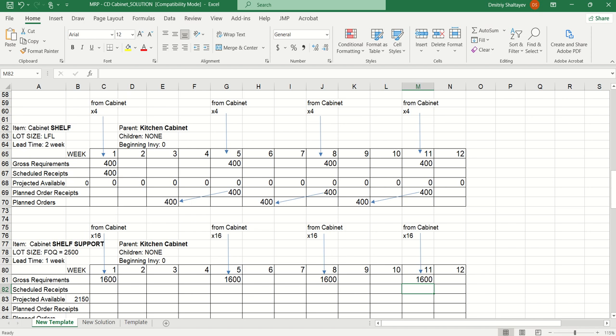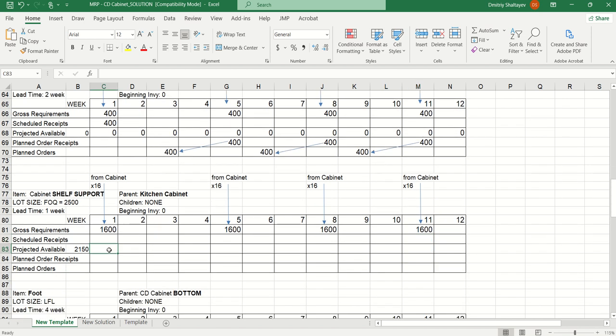All right, so I start week 1 with 2,150 shelf supports sitting on my shelf, right? In the big box, 2,150 units. So I'm going to use 1,600 of them, right? In order to make 100 CD cabinets.